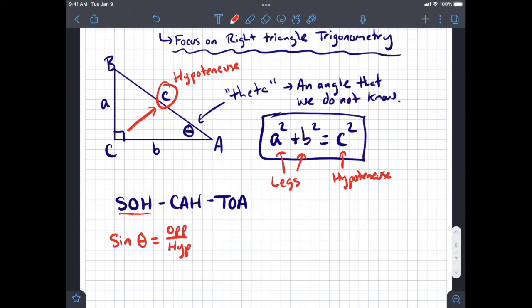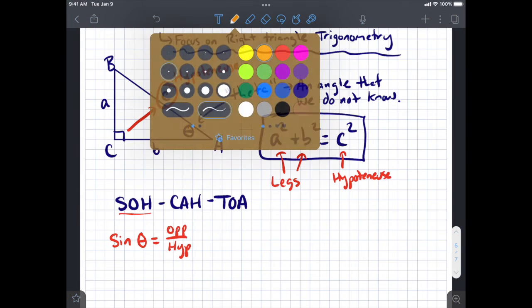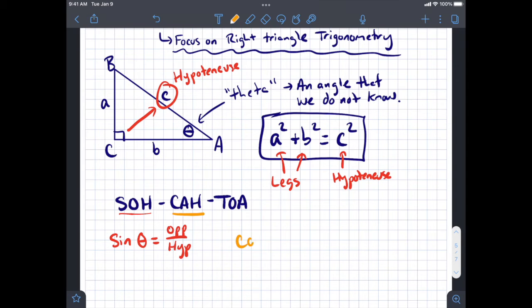That's our SOH. Our CAH represents cosine of some angle is equal to the adjacent over the hypotenuse. And our TOA is tangent of theta is equal to opposite over adjacent. We can find these three trigonometric ratios, sine, cosine, and tangent, if we have the sides of a right triangle.